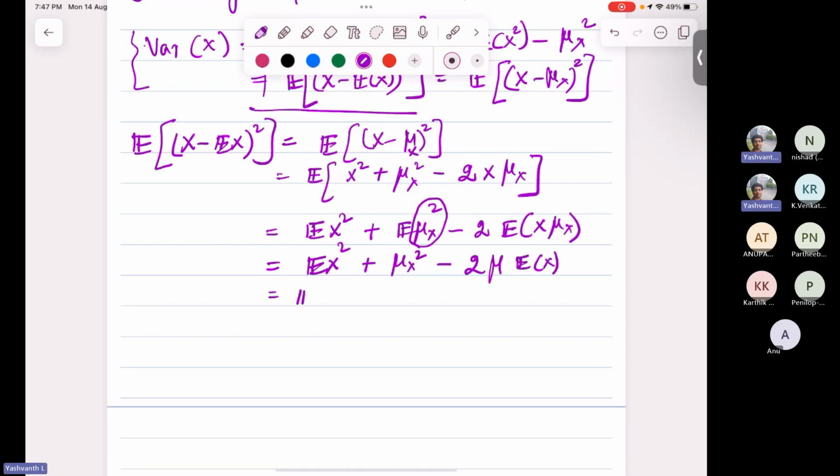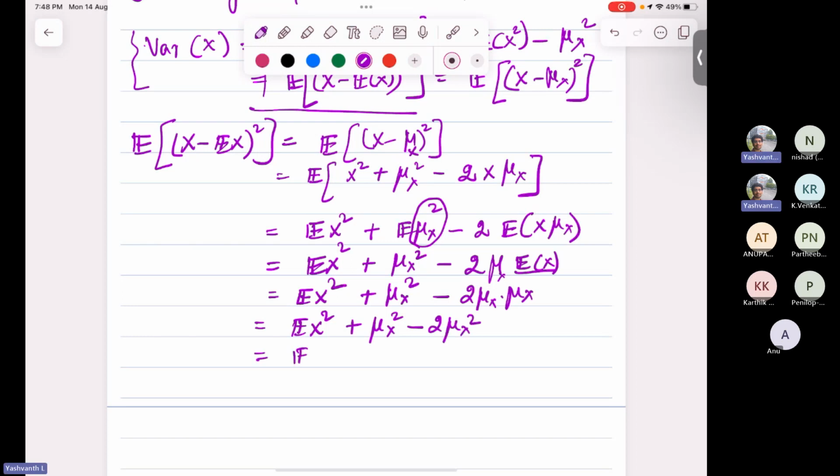This is nothing but expectation of x square plus mu x square minus 2 mu x into expectation of x, which is same as mu x again. Nothing but expectation of x square plus mu x square minus 2 mu x square.